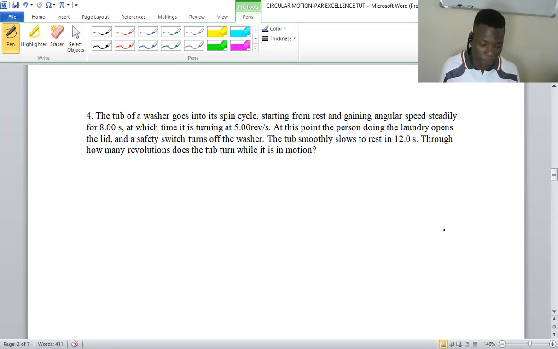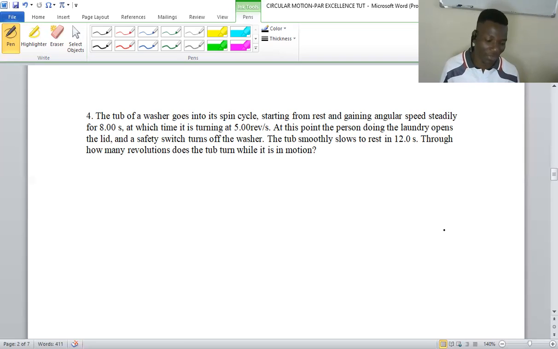Okay, that's revolutions per second. At this point, the person doing the laundry opens the lid and a safety switch turns off the washer. The tub smoothly slows to rest in 12 seconds. Through how many revolutions does the tub turn while it is in motion?